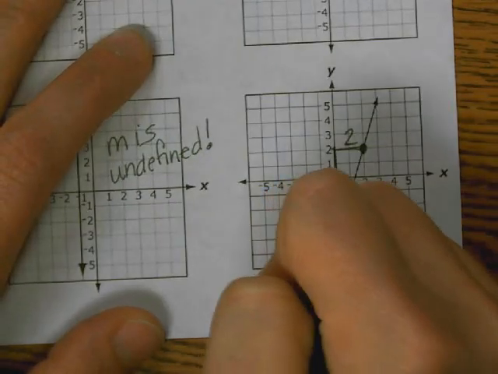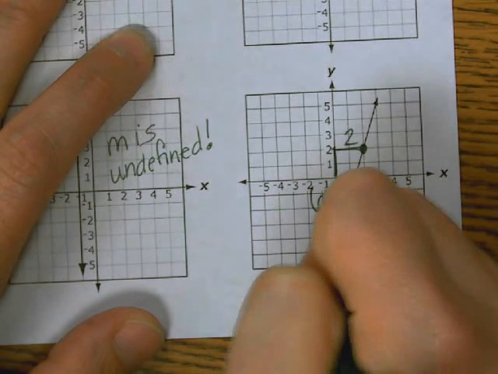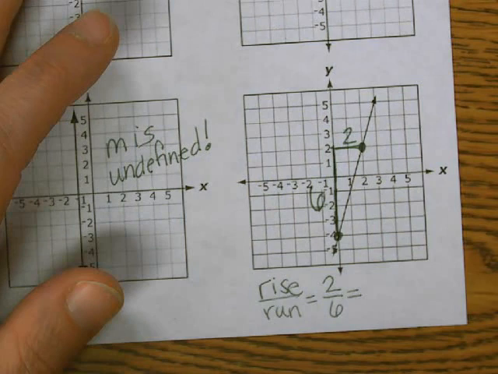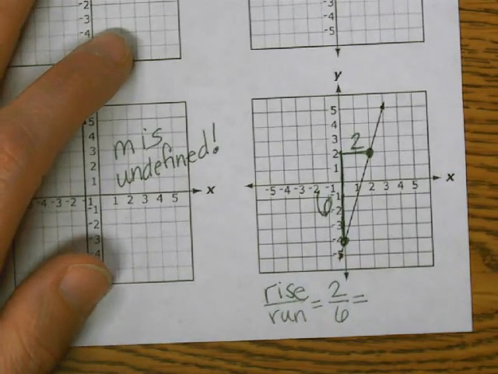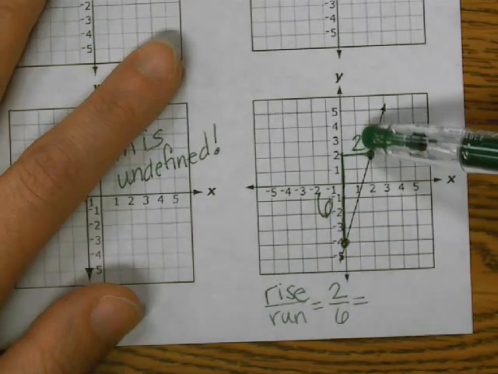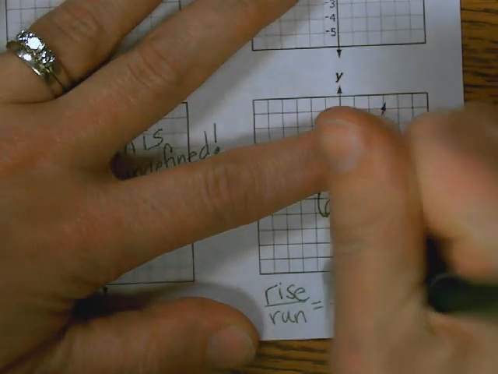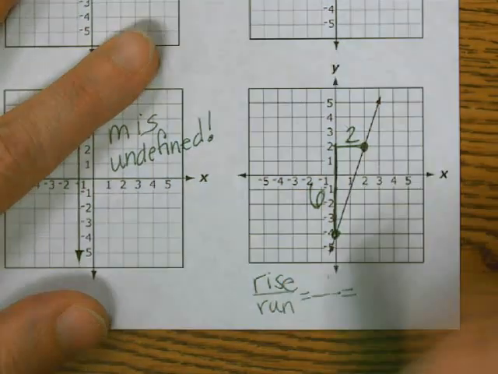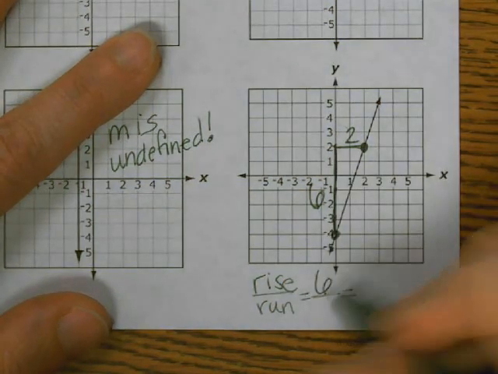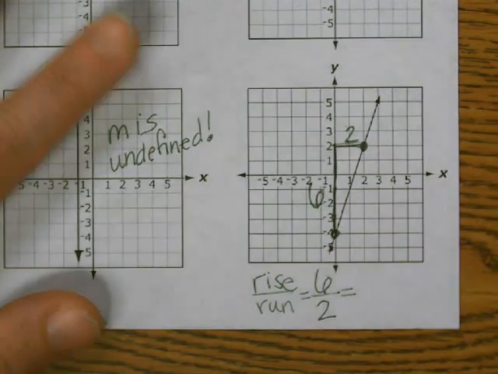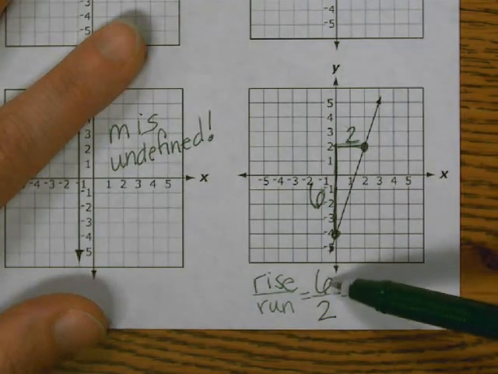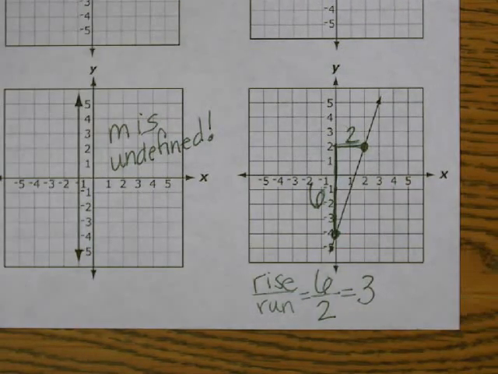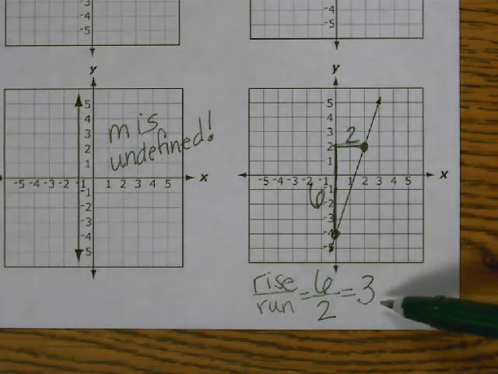So if I were doing rise over run, I would say 2 over 6, and then on my calculator, nope, I wouldn't say 2 over 6. What did I do wrong? That's 2 is the run, right? So I messed up. Let me try again. See, even people with degrees in math do that, okay? So it rises 6, and it runs 2. Okay? So I'm going to use my calculator, 6 divided by 2, and that gets me 3. Now I could say, 3 over 1, but usually I just write the number 3.